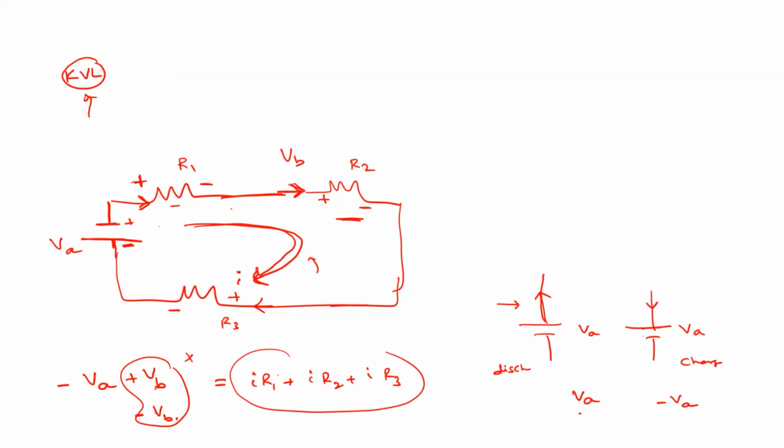So these are the basic things: KVL and KCL. Along with that, we have other things, that is source transformation, changing the current source into its equivalent voltage source, and vice versa. These things are the basics for solving these networks.